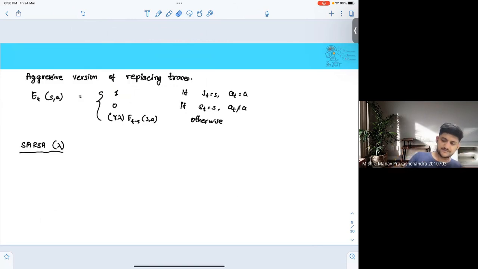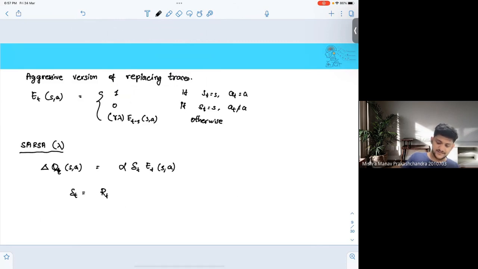So first I define the delta q. I have delta Q_t(s, a) is my alpha delta_t e_t. The only difference is that the eligibility that I'm computing is not for a particular state S, but for a state action pair (S, A). And here delta_t is the TD error for SARSA.